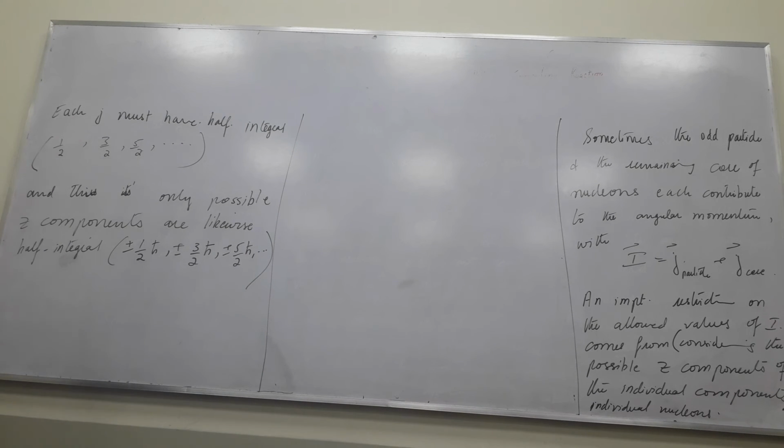So, from here we can see that if we have an even number, right, we will have integral components, and if we have an odd number, we will have half integral components. So, we can summarize this and make a rule, right.